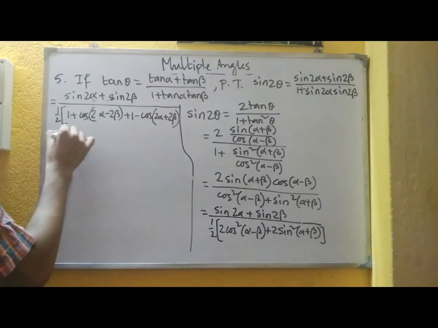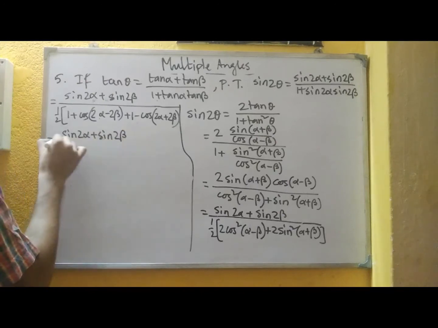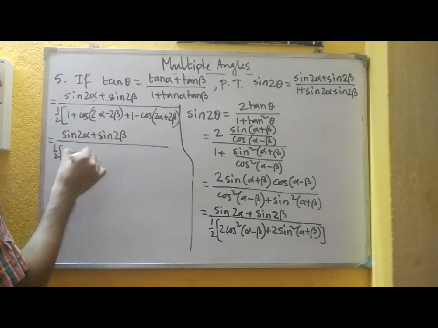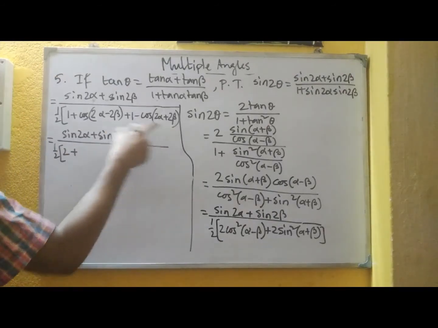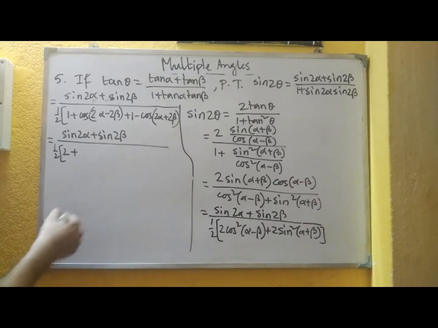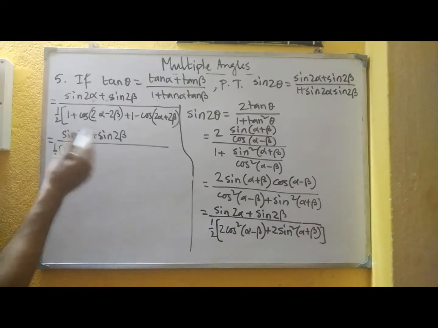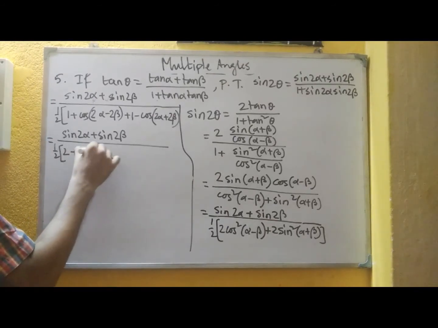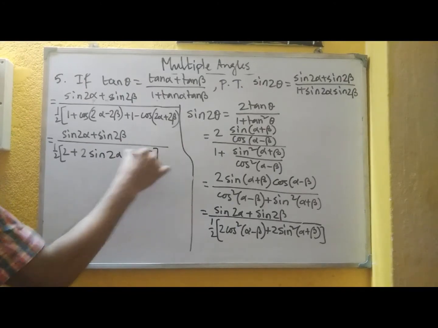So this will be sin 2 alpha plus sin 2 beta, whole divided by half 2 times. You can see it is cos A minus B minus cos A plus B. This is the formula for 2 sin C sin D. So here you can write it is 2 sin 2 alpha sin 2 beta.